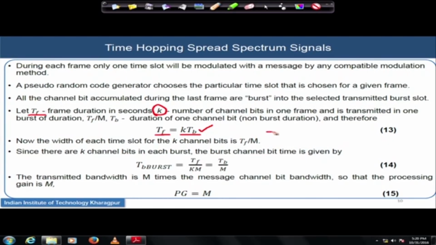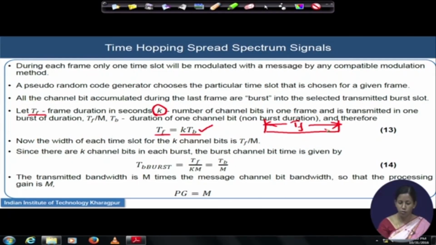So, you have the total time period TF allotted for the frame, and you have K number of bits to be transmitted if there is no burst transmission going on. So, K into TB will give me TF.